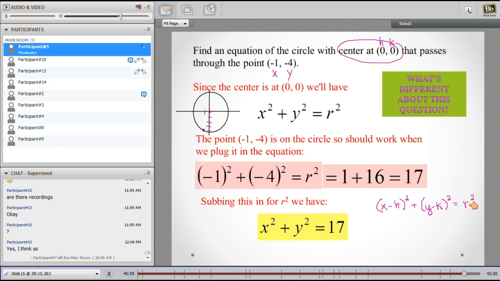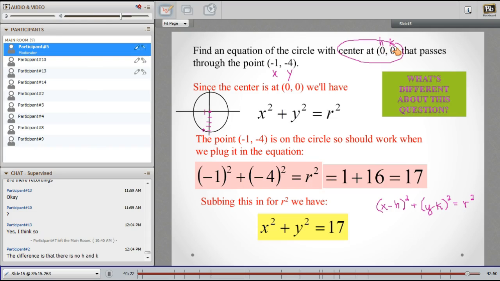Yeah, and sorry, I would if I were running out of time, but if you plug in -1 right here, and then you plug in -4 here, and then you plug in 0 and 0, you're going to arrive at this step, okay? Yes, the h and the k are 0.